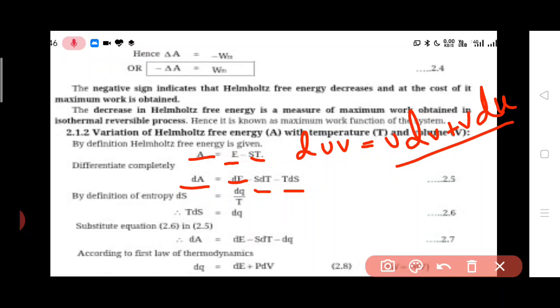This is the differentiation equation for a term which is in multiplication. Here S into T is in multiplication, so if we apply this differentiation to S into T, it will be written as S into dT. In the same way, U into dV.